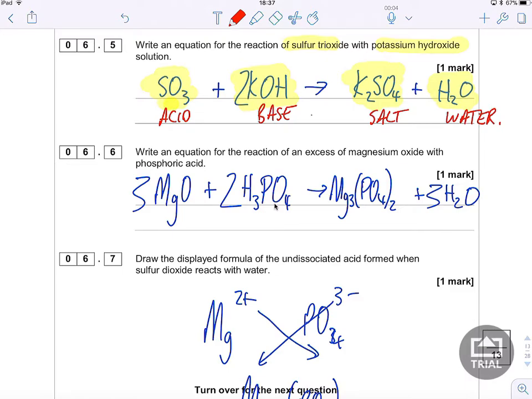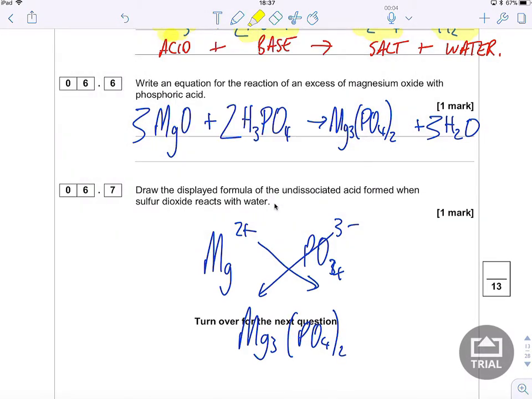Okay, so next question, write an equation for the reaction of excess magnesium oxide with phosphoric acid. So same thing really, I've got a base, and I've got an acid, which is phosphoric acid. The formula for phosphoric acid tells me that the phosphate ion must have an overall -3 charge, and the formula for magnesium phosphate needs to mirror that.